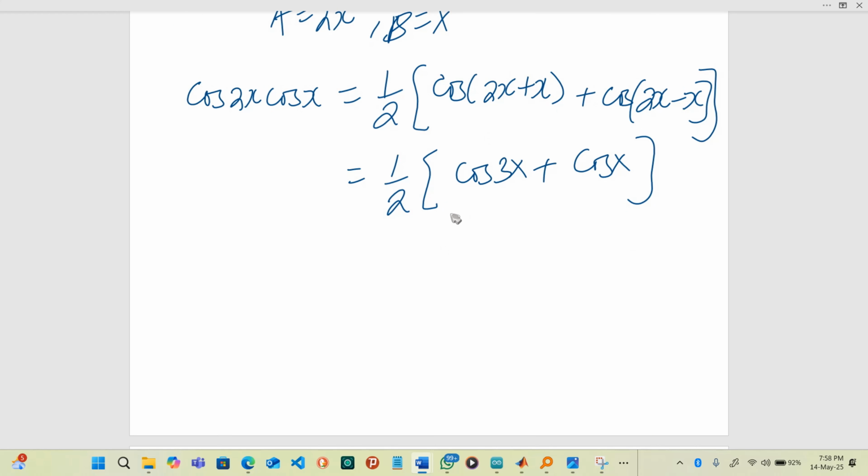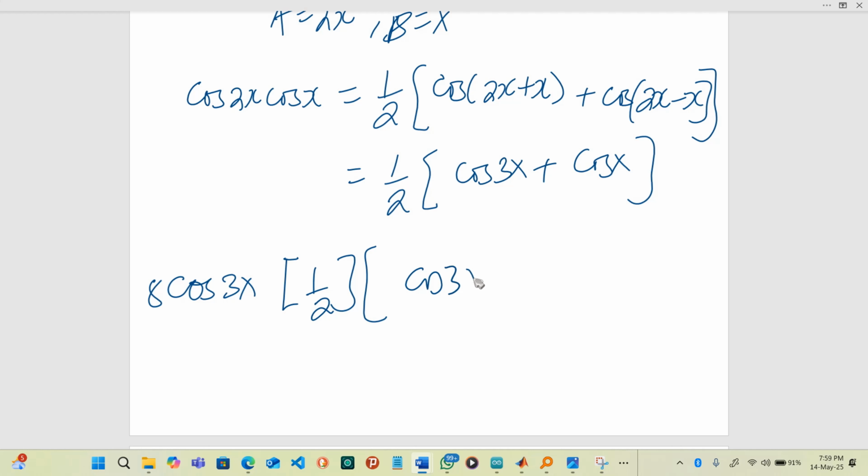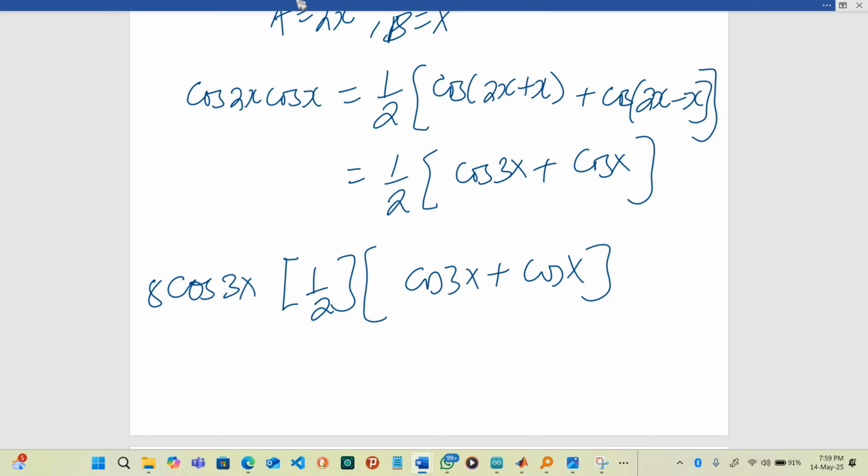The task is now to bring it up there. So we have 8 cos 3x into, remember this is a half, into cos 3x plus cos of x. So I can cancel.